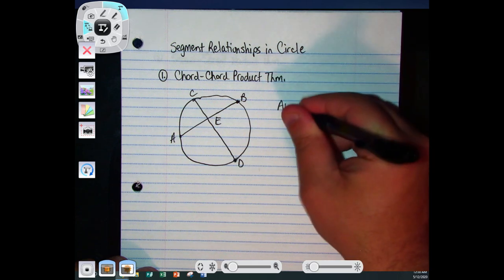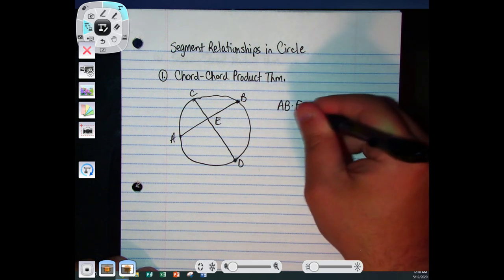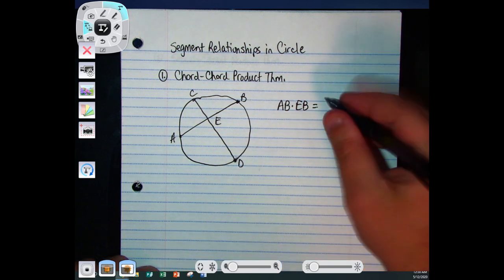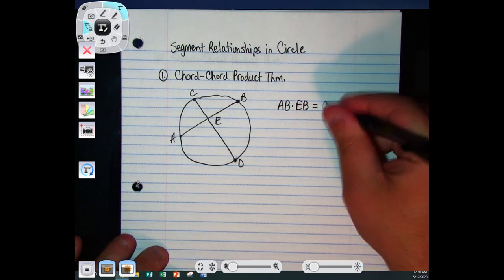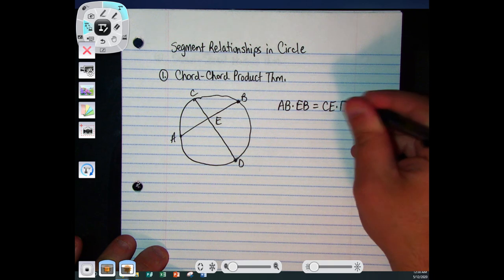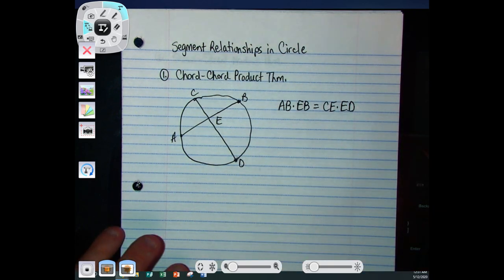So here we can say that AB times EB is equal to CE times ED. That's the theorem in a nutshell.